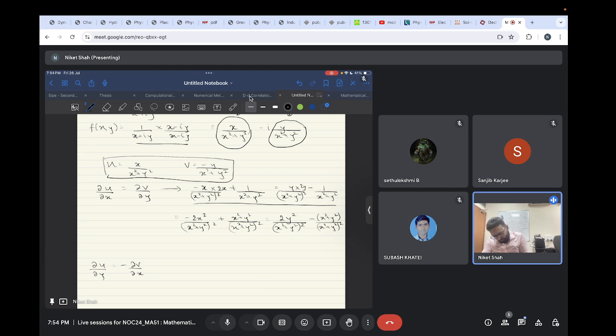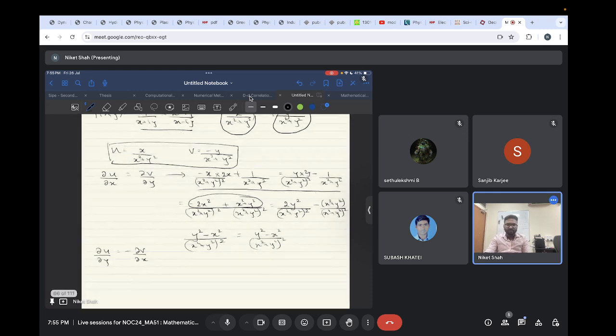So again, this becomes y square minus x square divided by x square plus y square, the whole square. The right hand side becomes the same thing, y square minus x square divided by x square plus y square, the whole square. So basically the left and right hand sides match. I should not have written equality from the beginning, but you can see that both the sides are the same.